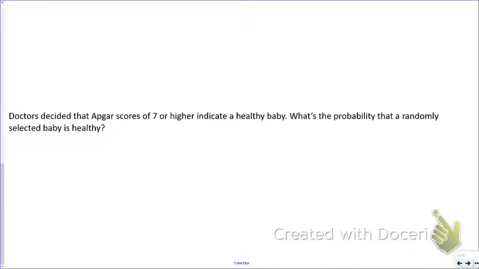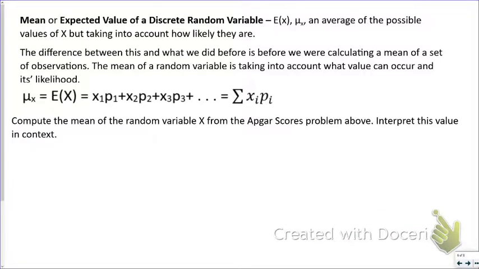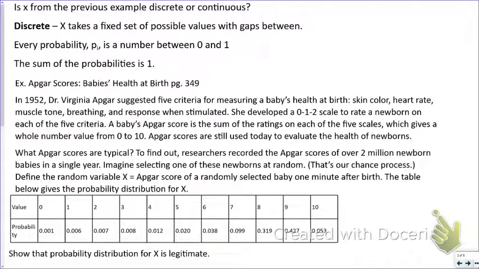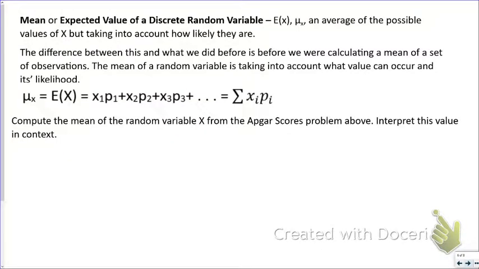We have a new formula we need to work with here, and that is expected value. So I need to use this table right here to do the expected value, and I promise you it is not complicated at all. So I'm going to go back, but notice a key word here.